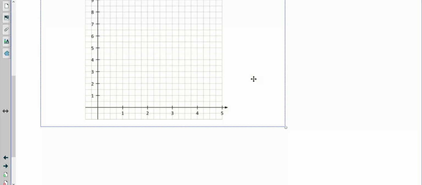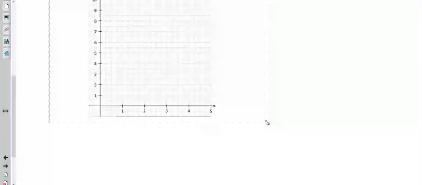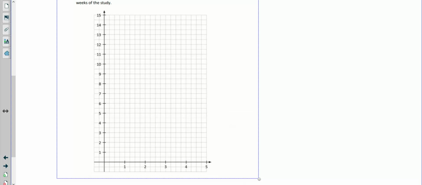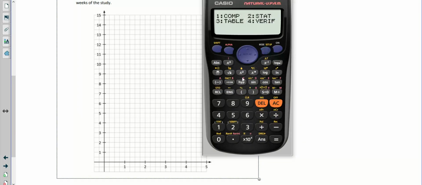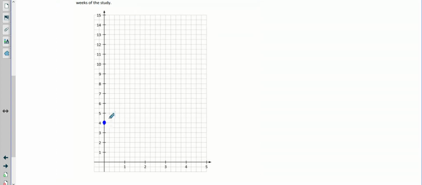All right. Go to the table function on your calculator and enter in the following: 4 e to the 0.25 x, start at 0, end at 5, step of 1. 0, 4. Okay.